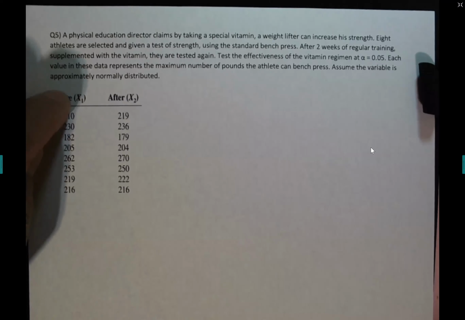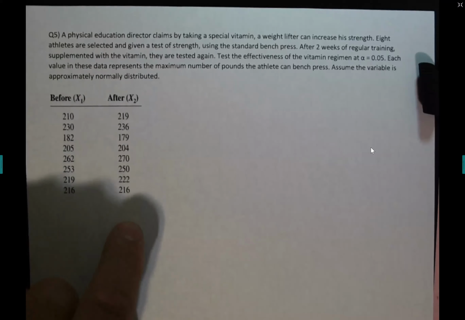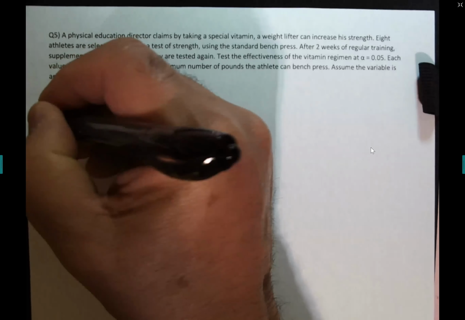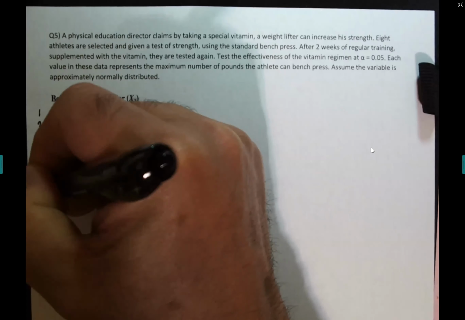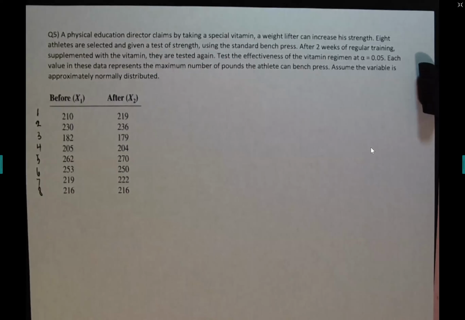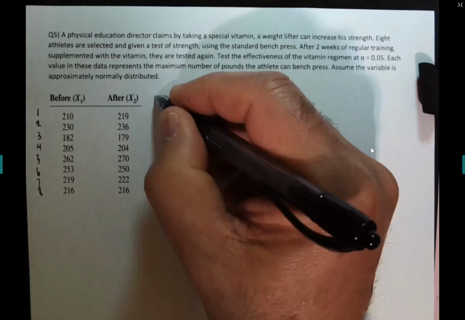So this is before taking the vitamin and this is after taking the vitamins. And probably I could have put here athlete number 1, 2, 3, 4, 5, 6, 7, and 8. Test the effectiveness of the vitamin regimen at alpha equal 5%. So is it effective? We're gonna need to do the difference, guys.